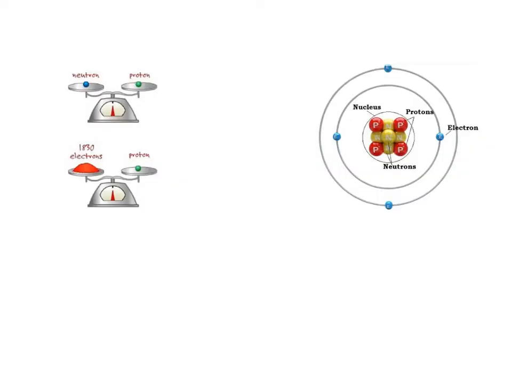So this diagram just shows you that the mass between a neutron and a proton is equal. And here, 1 electron is a fraction, a very small fraction of the mass of a proton.